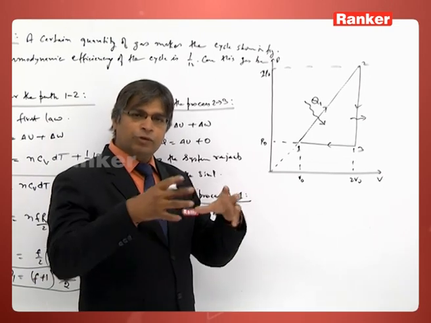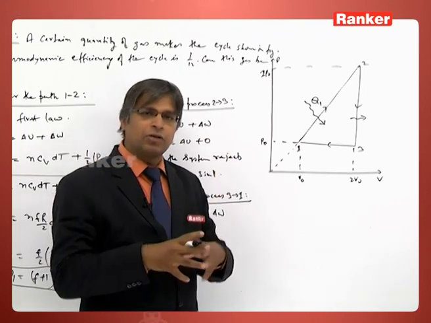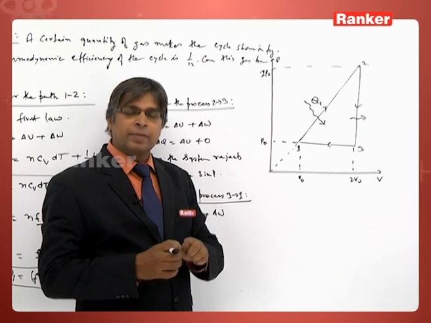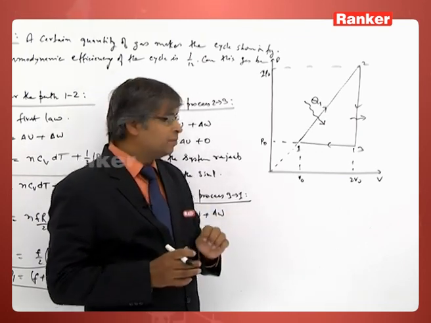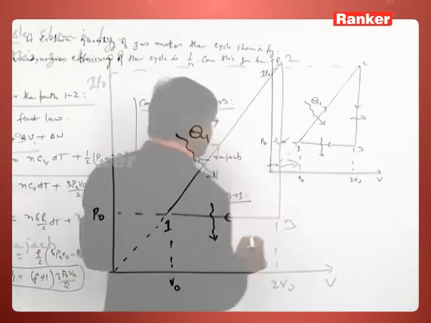That means we are doing work on the gas. So we are compressing a gas, we are doing work on the gas, and its temperature is decreasing. Its temperature was previously 70 degrees, now it is 60, 50, 40, 30 like that. That can only be possible if again it rejects heat.